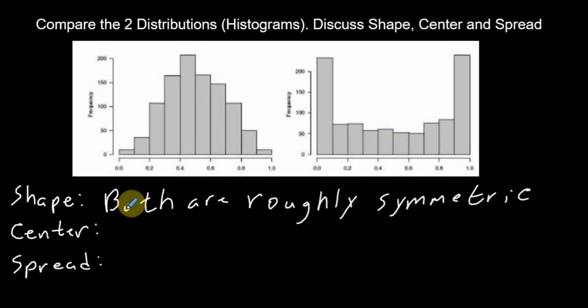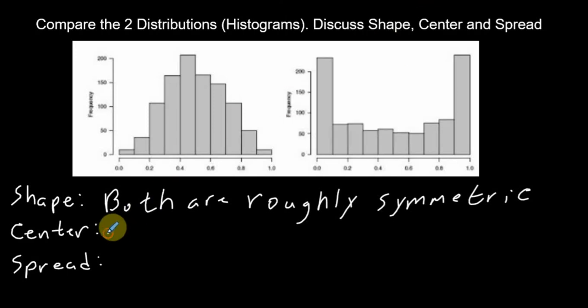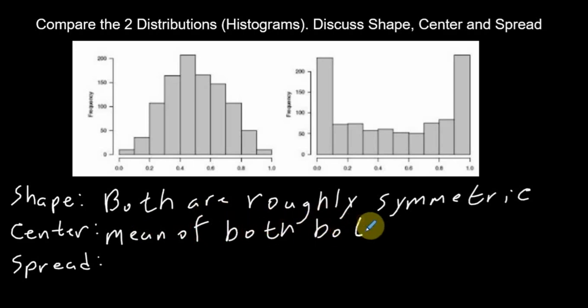So for center, I would say the mean of both is near 0.5.